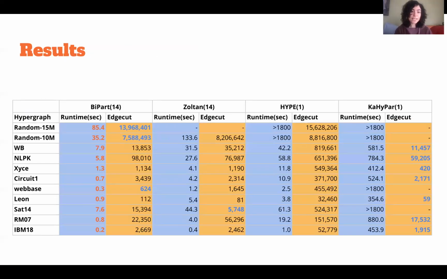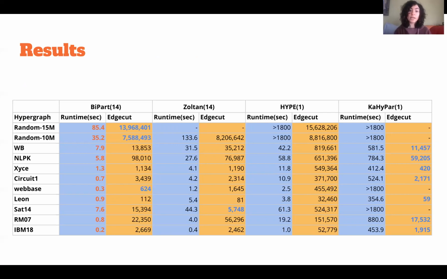Here are the results. We have 2 columns, one showing the runtime and another showing the edge cut. The runtime is in seconds, and as you can see, Bipart was able to partition all these hypergraphs. If we compare Bipart to Zoltan, Zoltan failed to partition the largest hypergraph, random 15 million.